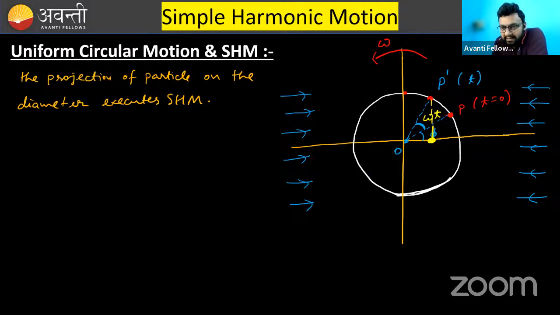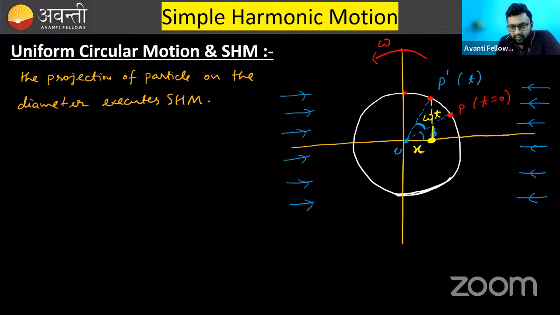Let's suppose at any time t, this distance is x. When this particle moves in the circular path, the projection will change on the x-axis. So this is a time-dependent thing.